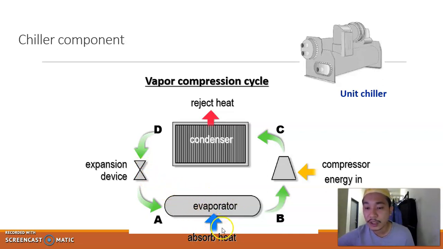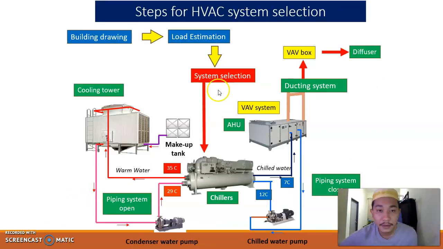The evaporator is usually located in the air handling unit or the indoor system, and it absorbs the heat. The system circulates all the time to make sure the occupants receive the correct air temperature and humidity.